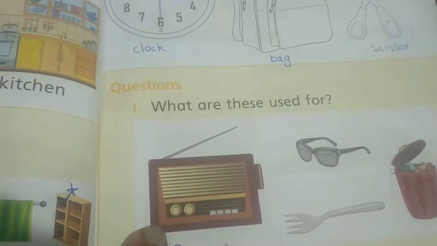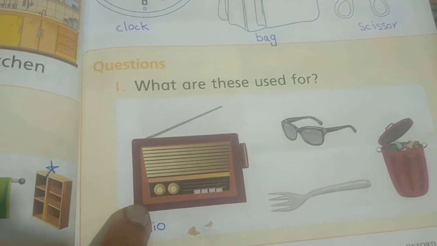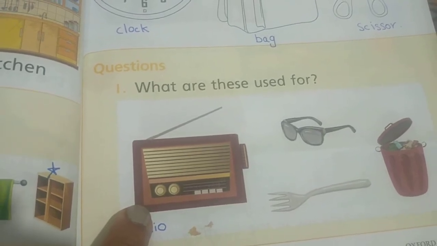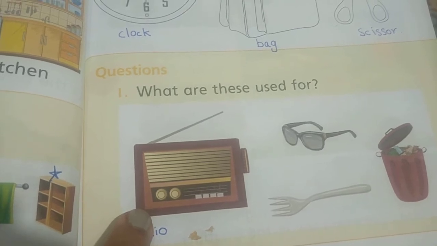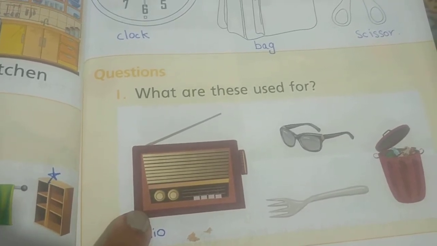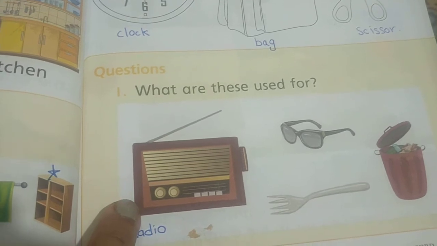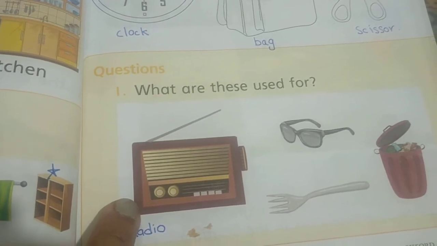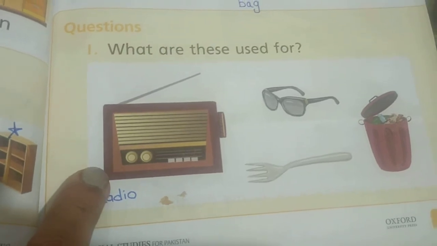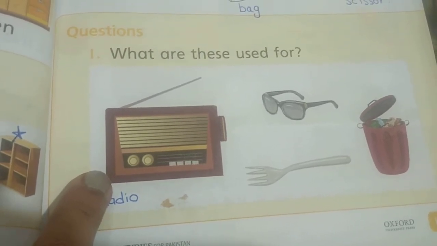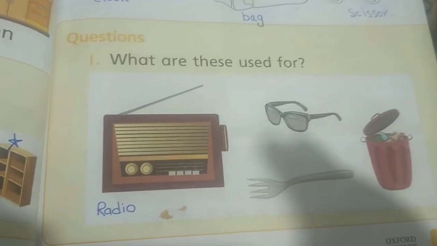Nursery class, we use radio for listening to songs, for listening to news. Like TV you can watch and you can listen, but in radio we are unable to watch. We can only listen to things. And it is light in weight. We can carry it from one place to another place.